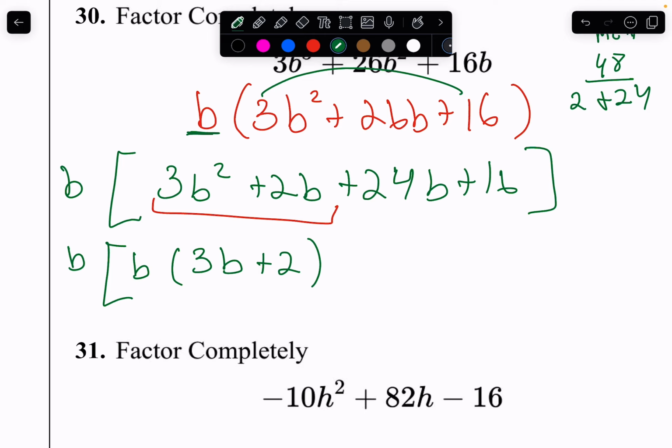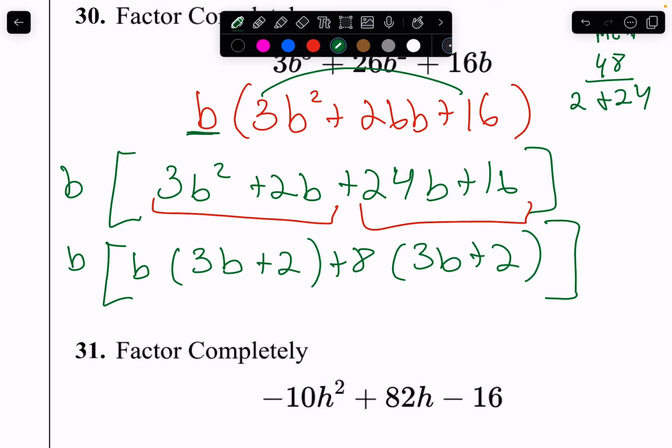And then here, let's see, a 24 and a 16, we can take out an 8, right? So we're going to take out an 8, and we get 3b plus 2. Of course, you want to make sure that these match up. Let's say you messed this one up. An easy way to mess this problem up would be to say, oh, a 24 and a 16, I could take a 4 out.